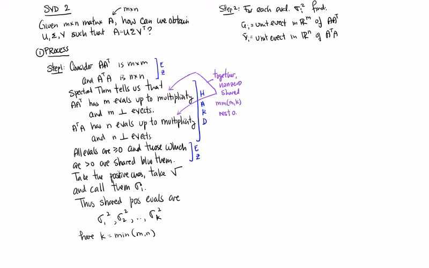Now, we have to choose these to satisfy the following requirements: A transpose u i equals sigma i v i, and A v i equals sigma i u i. In practice, this pretty much always happens.